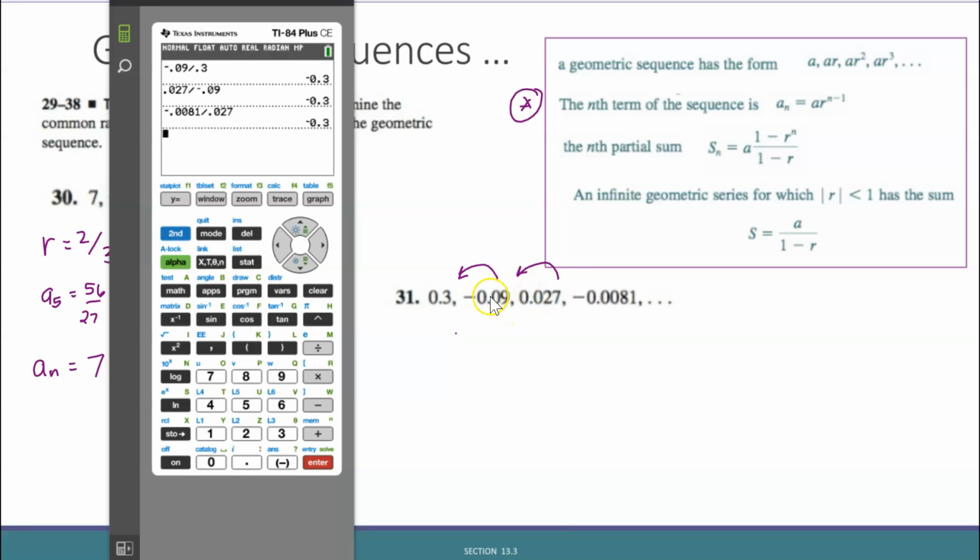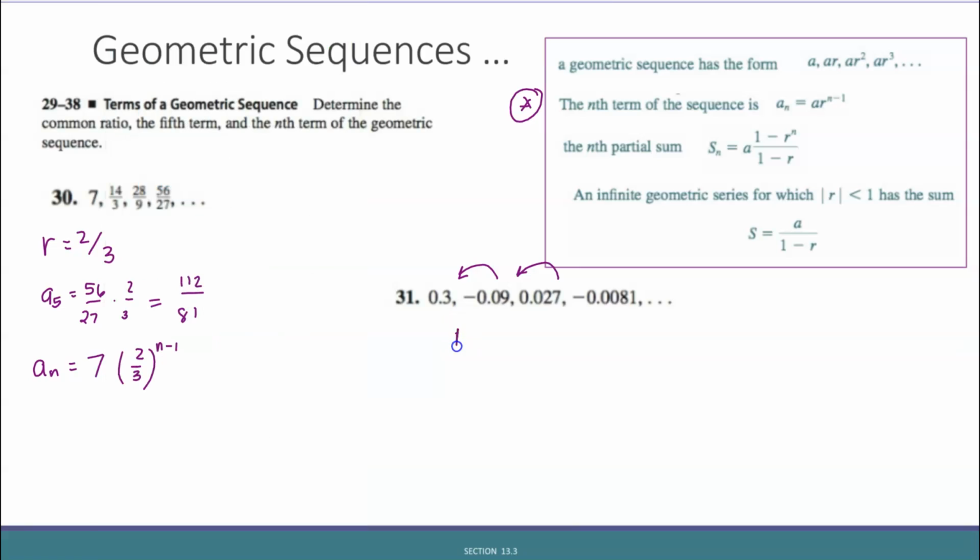Positive 0.27 over negative 0.9. Dividing each number by the number to its left, I keep getting that common ratio of negative 0.3. If I say math fraction, negative 3/10 is our common ratio.